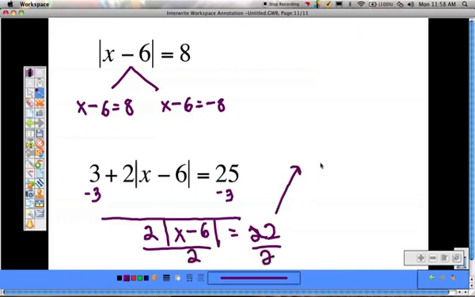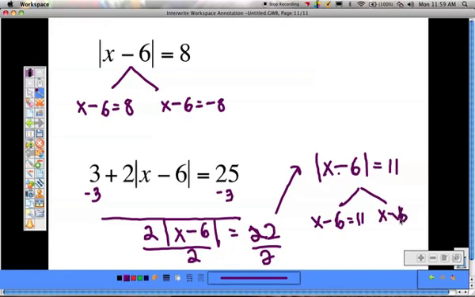Then you would split it up, so you'd have the absolute value of x minus 6 equals 11. Now split it up. So you'd have x minus 6 equals 11, and solve that. And you'd have x minus 6 equals -11, and then you'll get your two answers.